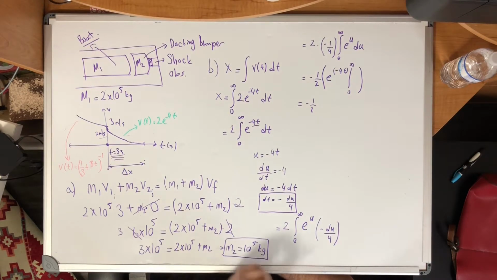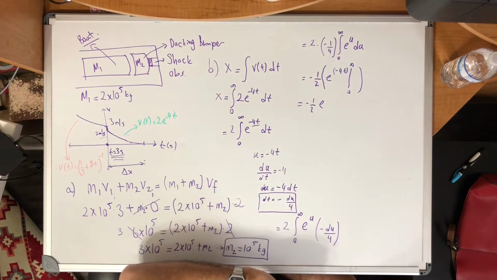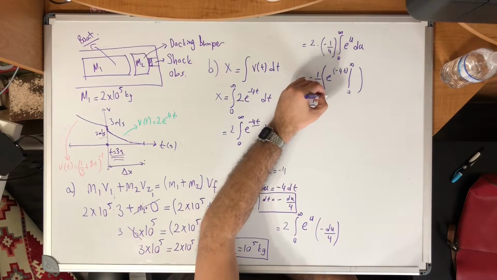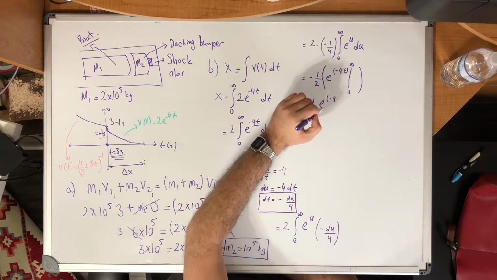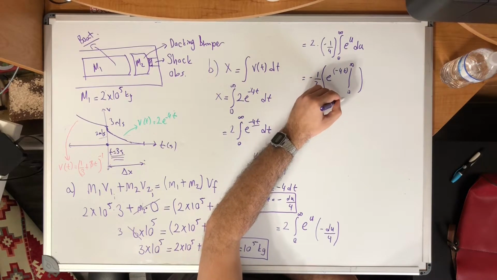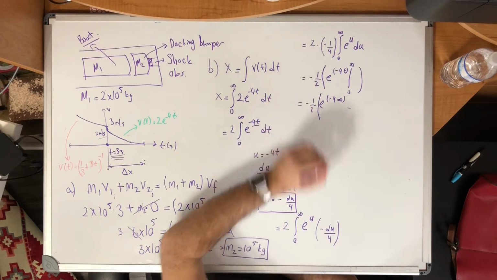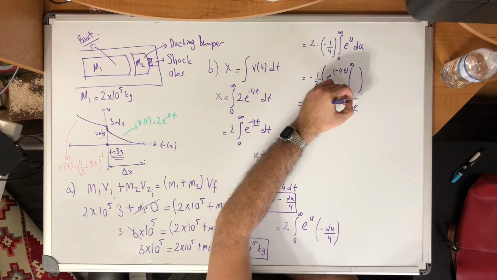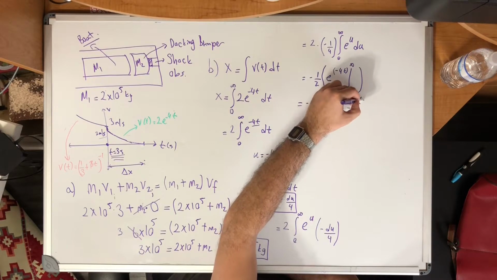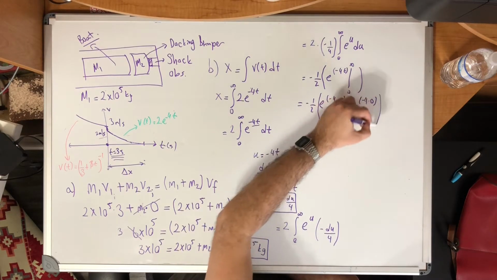So we are going to have e to the power, again, upper boundary first minus lower boundary: e to the power negative 4 times t. Instead of t, what do we put? Infinity, minus, that's also outside of the parentheses, minus e to the power of minus 4 times 0, close the parentheses.